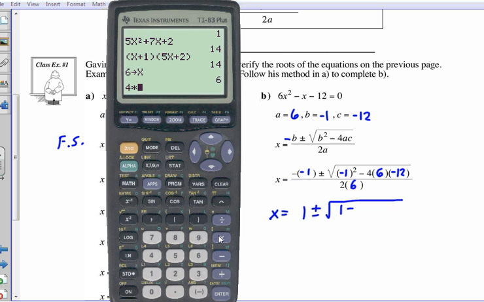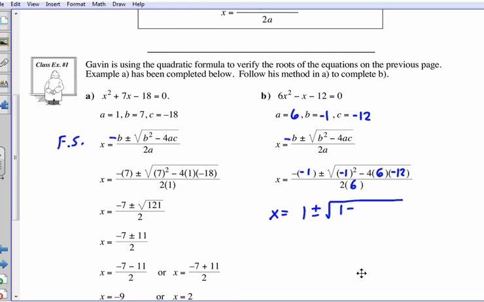Let's put the negative 4 in the front, so then you can just get the proper sign. So negative 4 times 6 times negative 12 gives you plus 288. All over 2 times 6, which is 12.